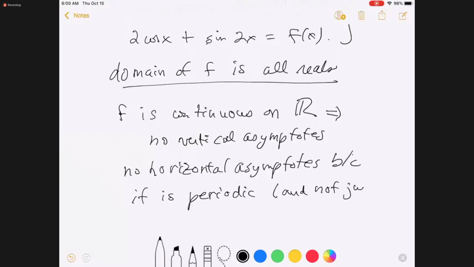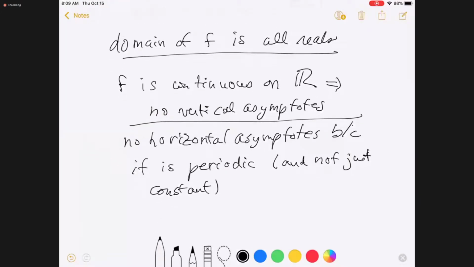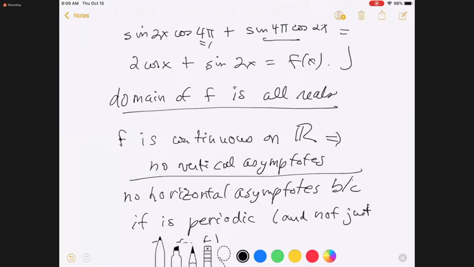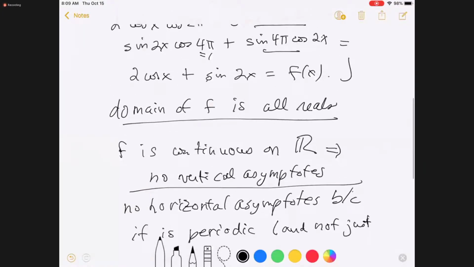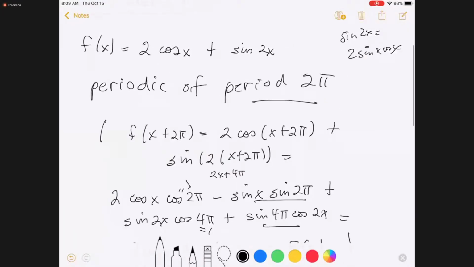Yeah, a constant function is periodic. Constant function is a boring function, but it is a function. Constant functions are periodic. And if you have a constant function, so just a horizontal line, you have a horizontal asymptote, which is that line. But that's the trivial case. Okay. Our function is going to be more interesting than that.